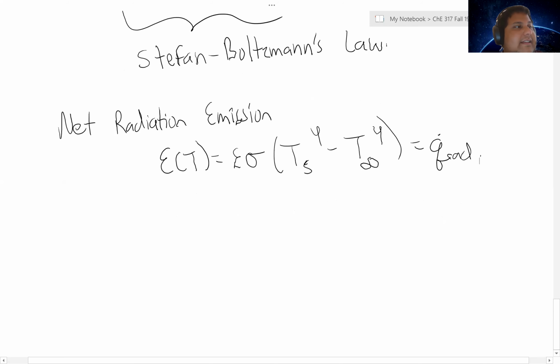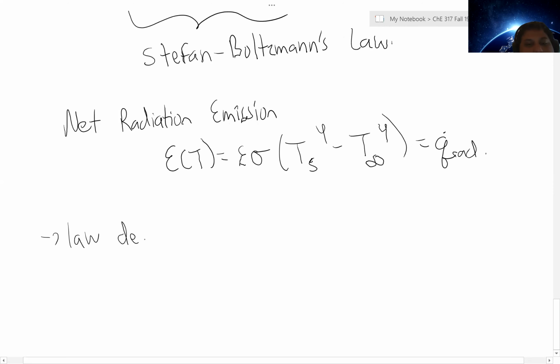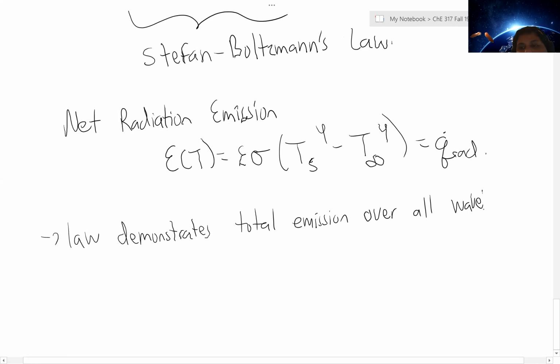And Stefan and Boltzmann developed this law to explain that as a function of their wonderful Stefan-Boltzmann constant. However, this law discusses the energy emission, or demonstrates total emission over all wavelengths of radiation.